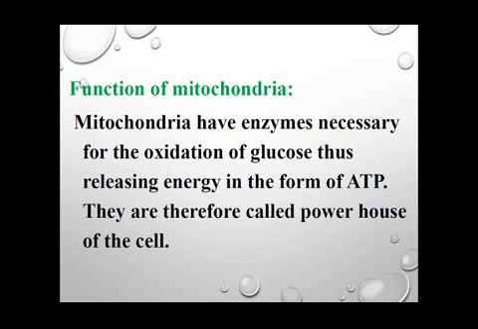Another is that it has ATP, adenosine triphosphate, in which the energy is stored, and it is known as the energy currency of the cell. And because mitochondria help in the formation of ATP, storing the energy, the mitochondria is also known as the powerhouse of the cell.